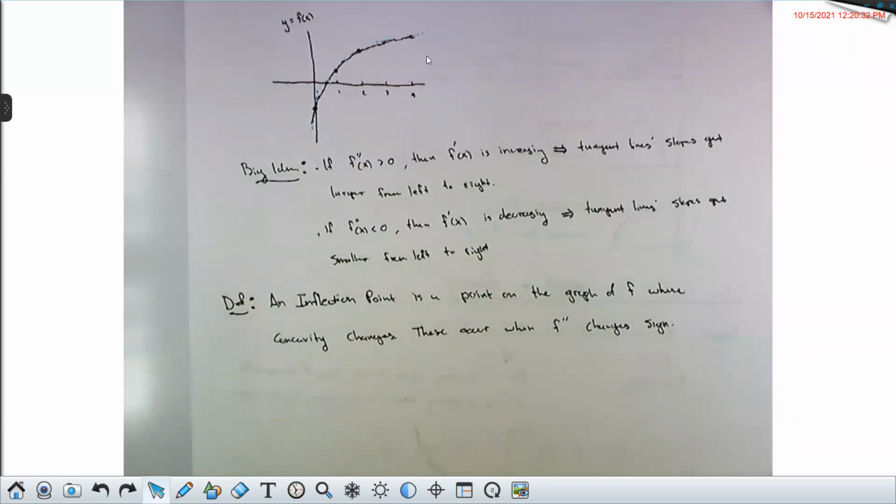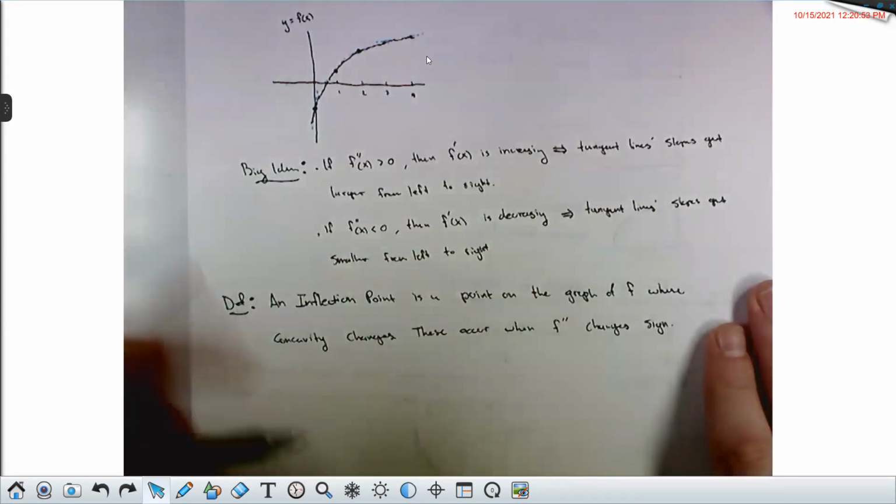All right. So inflection points are points on the graph of the original function where the concavity changes from either concave up to concave down or concave down to concave up. If you're changing from concave up to concave down, that means your second derivative goes from being positive to negative. That would look like this.